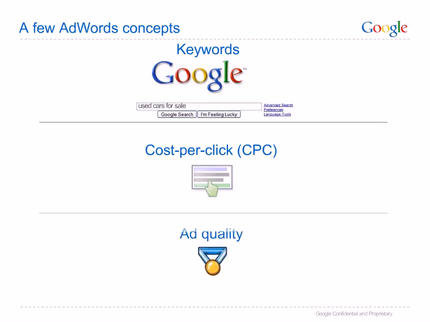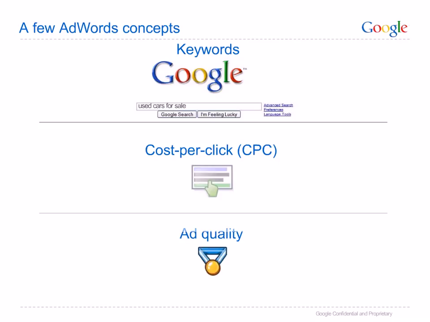Ad quality is an important concept to understand as it forms the basis of how AdWords works. The AdWords system rewards relevant, quality advertising with a higher position on the search page and lower costs. In simple terms, this means that the ads you create with AdWords will perform better and cost you less if they're highly targeted to your customers.